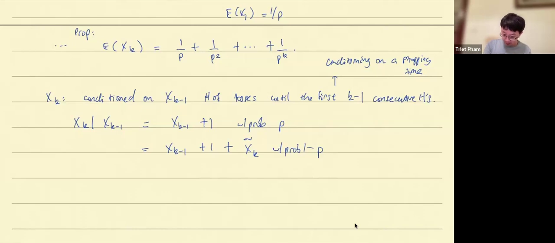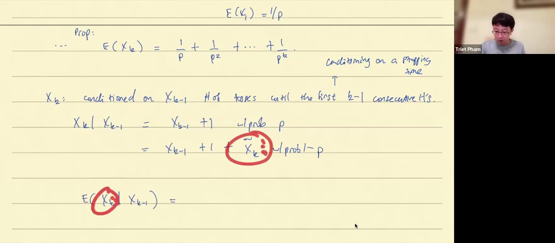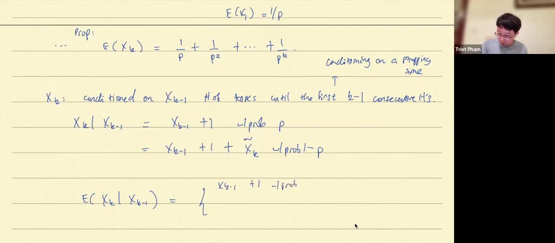And then the expectation of X_k conditioned on X_{k-1}, well, there's nothing much here. The inner expectation falls on X tilde k, because it falls on this. So it will be X_{k-1} plus 1 with probability p, and X_{k-1} plus 1 plus the expectation of X_k with probability 1 minus p.